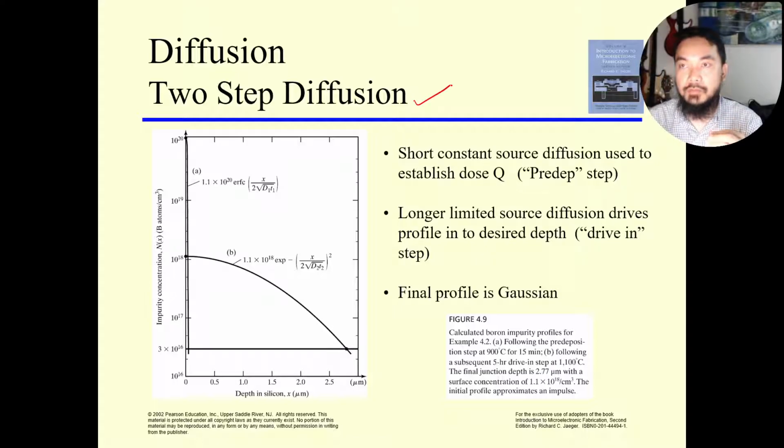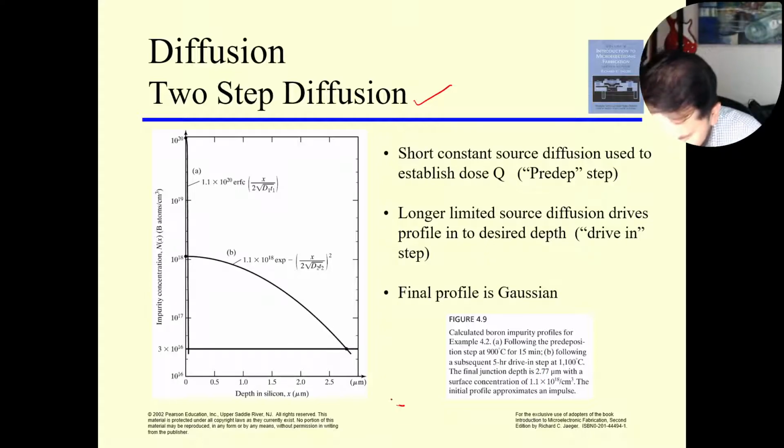So the first step is you do constant source diffusion until you get the right dosage, and then you cut off the supply of your impurity atom. And then the second step is the drive-in step, whereby you want to drive the impurity into your wafer, based on limited source diffusion.